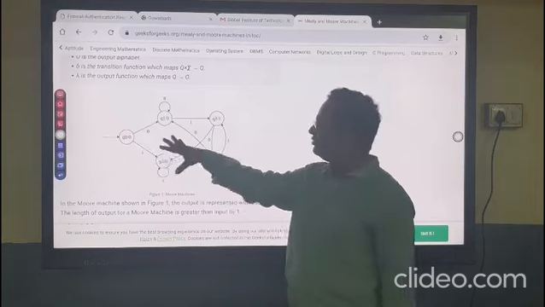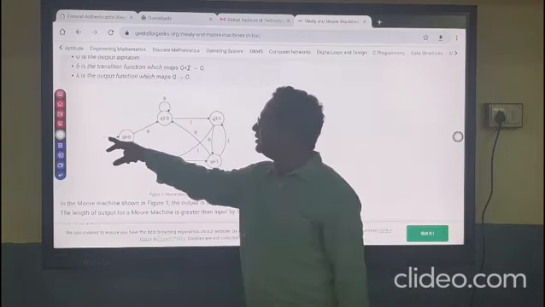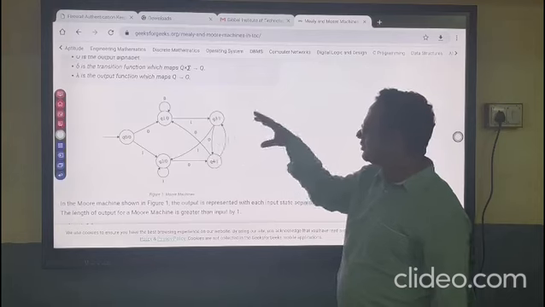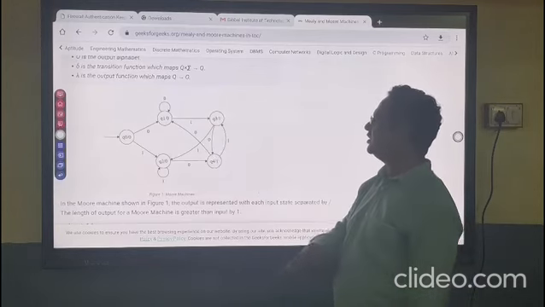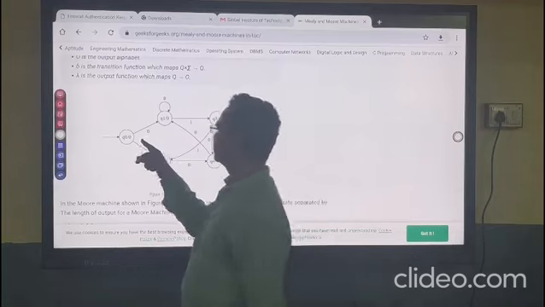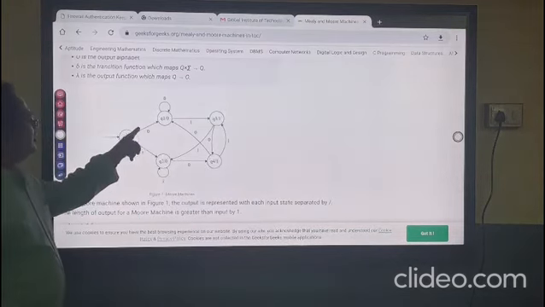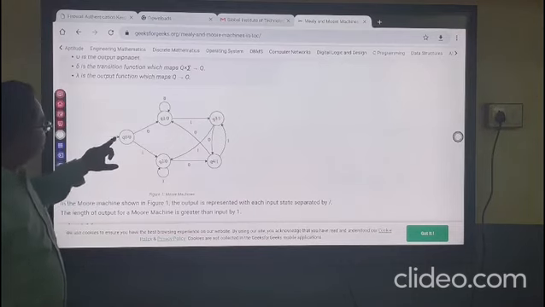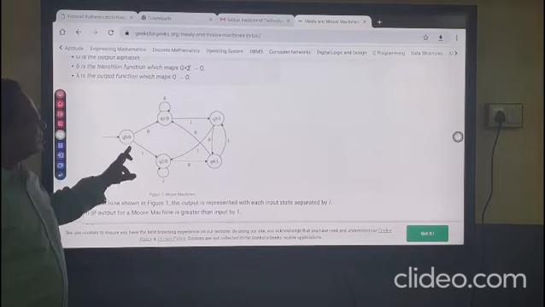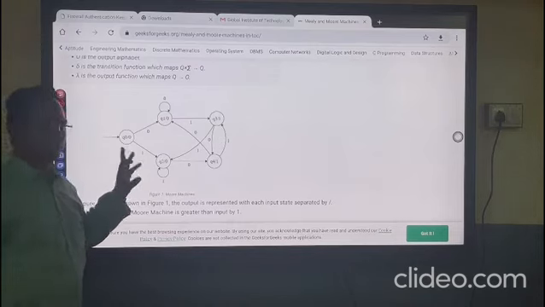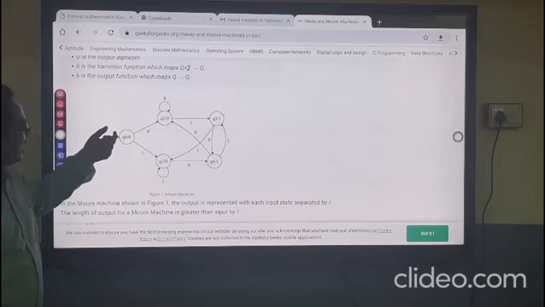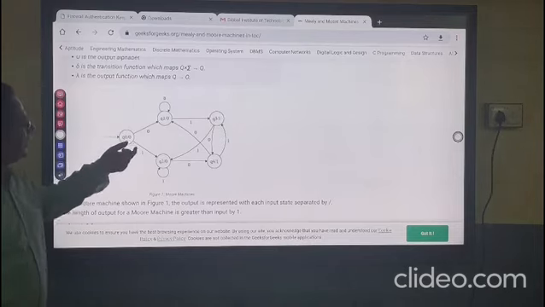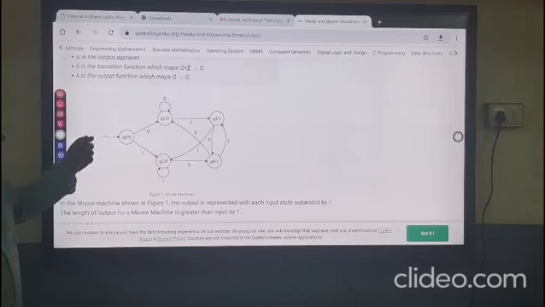Any state which has this right-directed arrow will be the initial state. If Q naught accepts 0, the next state will be Q1. If Q naught accepts 1, the next state will be Q2. Here we are looking at every output state depending on the current input.